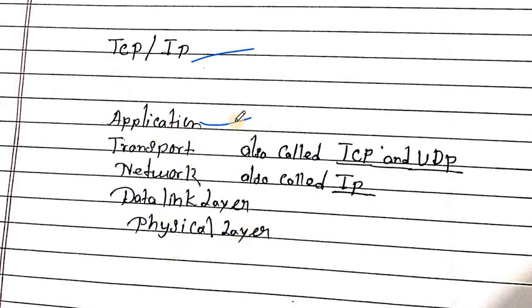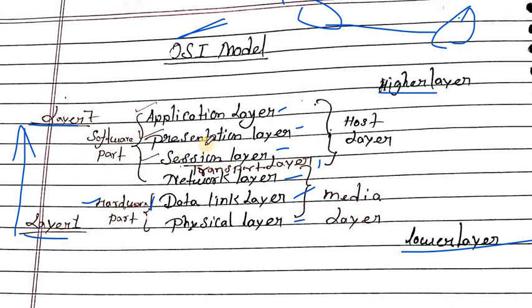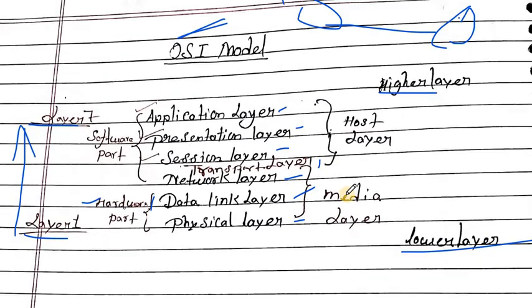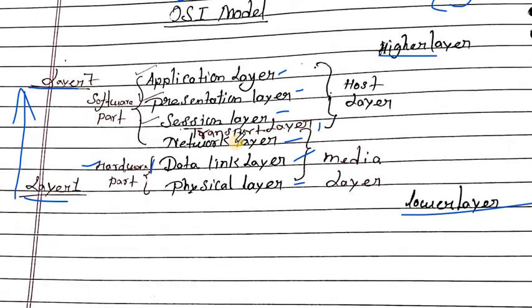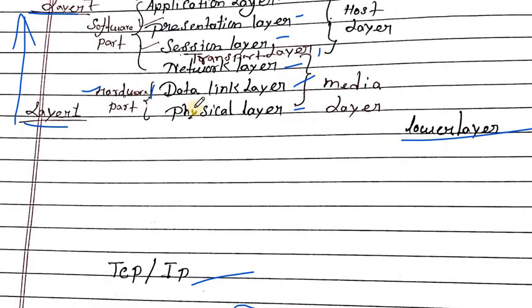Here in the TCP/IP model, the application layer, presentation layer, and session layer are combined into a single application layer. The transport layer is also known as the TCP/UDP layer, and the network layer is also called the IP layer. We will discuss these layers further.